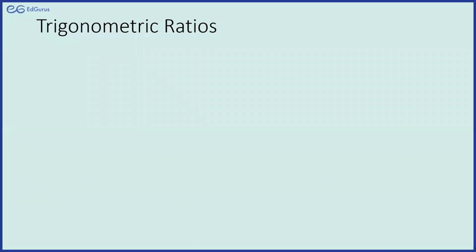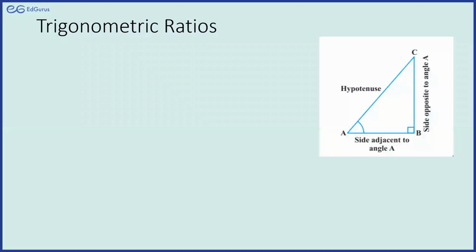Now, trigonometric ratios. So the first thing we are going to learn today is trigonometric ratios. So what are trigonometric ratios? Suppose you have this triangle, okay, a right angle triangle. So this, you know, is called the hypotenuse, right? And there is this angle 90 degrees here. This is your 90-degree angle.